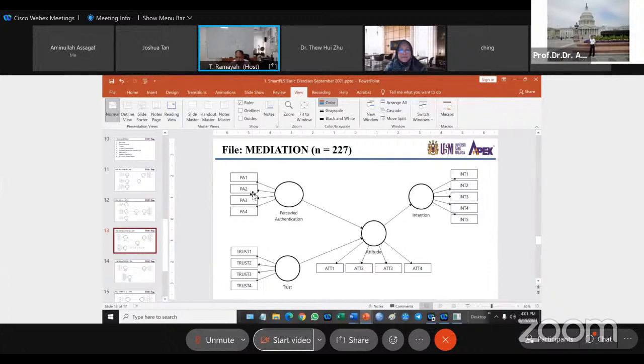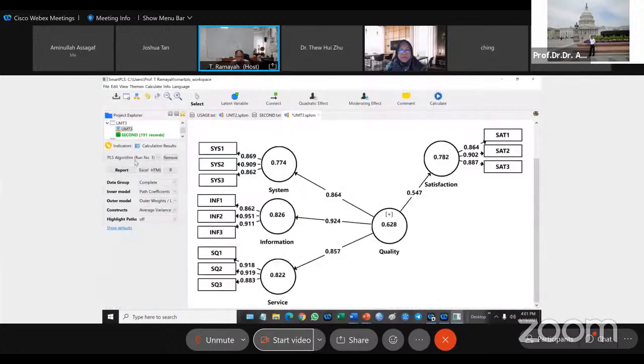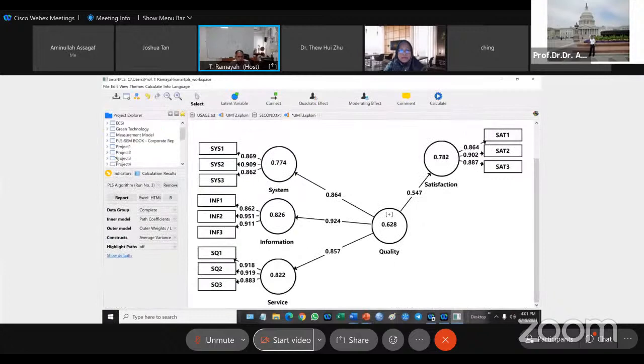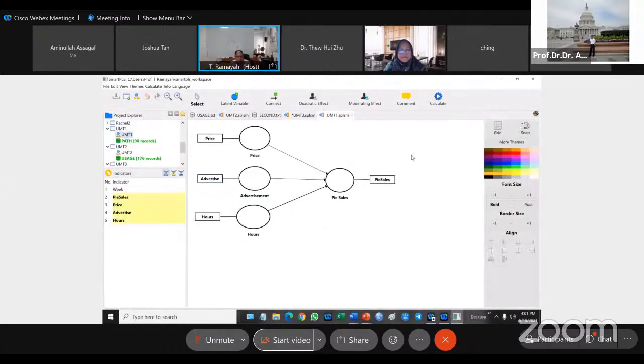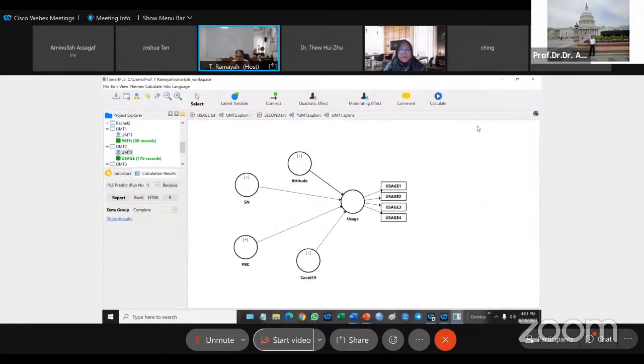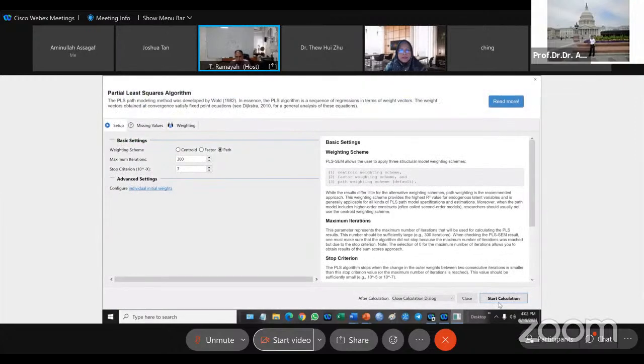In the first model that we tested, UMT1, and in the model called UMT2, we have only independent and dependent variables. So if you run the model, you will not get an indirect effect.